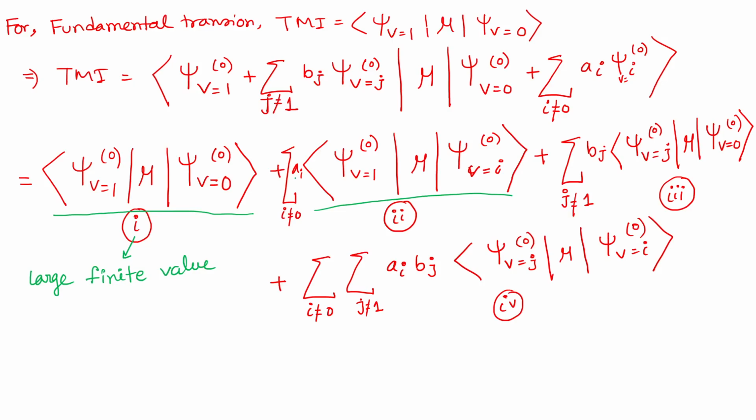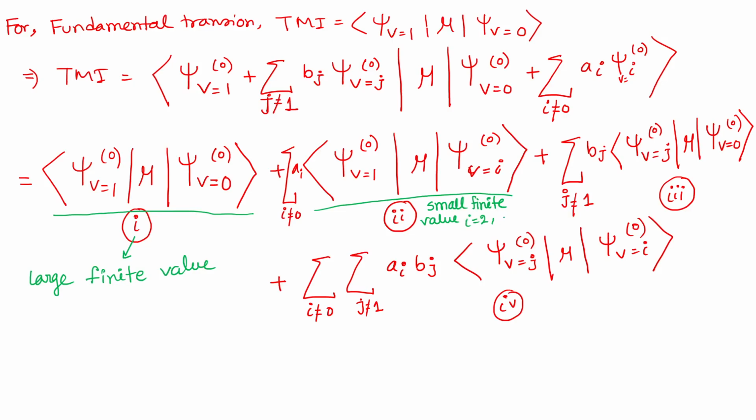But you also have to see it is coming with one more thing, ai. ai is a very small quantity, lesser than one, in decimals. So it is going to give me a small finite value only for i equals to 2.